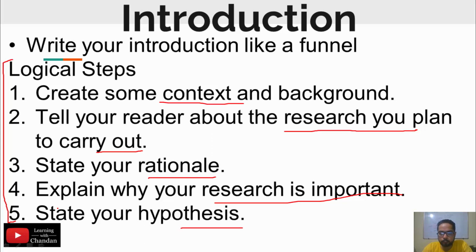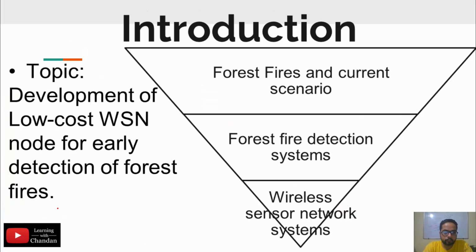Now when I talked about writing this section like a funnel, I will tell you how. See, my topic is development of low cost wireless sensor network node for early detection of forest fires, right?